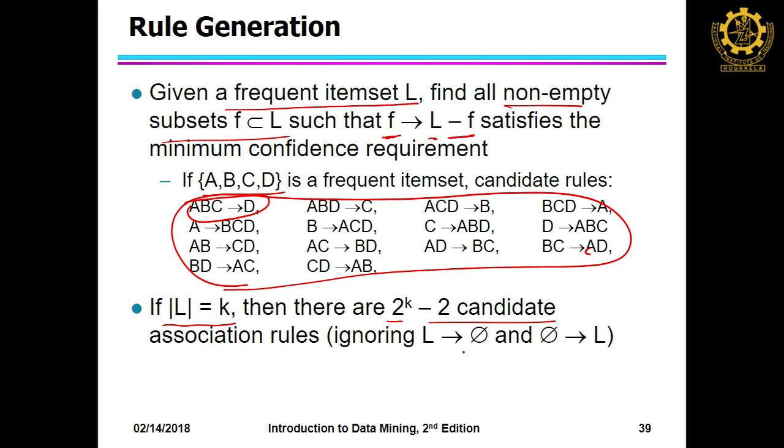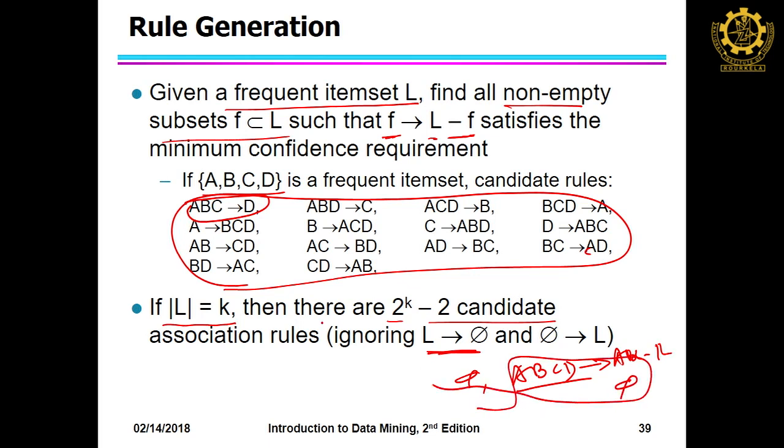In the power set, null is included and the entire set A, B, C, D is included. If it is A, B, C, D, you cannot make the rule A, B, C, D minus A, B, C, D, because it will be null. So, these two are discarded. Therefore, the number of rules will be 2 to the power k minus 2.